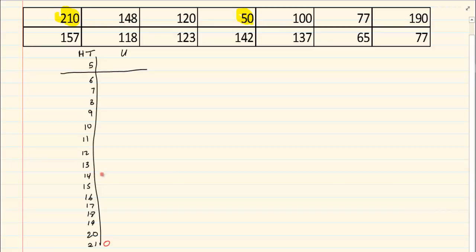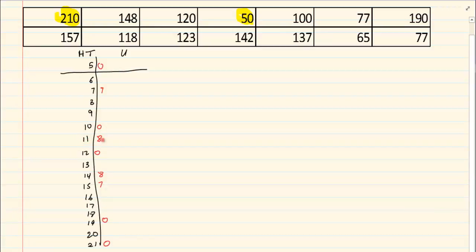So by 14 it's going to be an 8. Then we have 120. Then we have 50. 100. Now remember, by the 10 and the 100 gives me a 100. Can you see that? Then we have 77. And then we have 190. And then we have 157. 118.